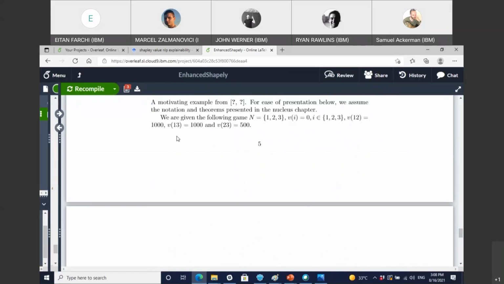Given that this is the situation, what do you think about a case where the first player is going to get, as an end result, 1,000, and the other two will get 0? Do you think that's a reasonable result?